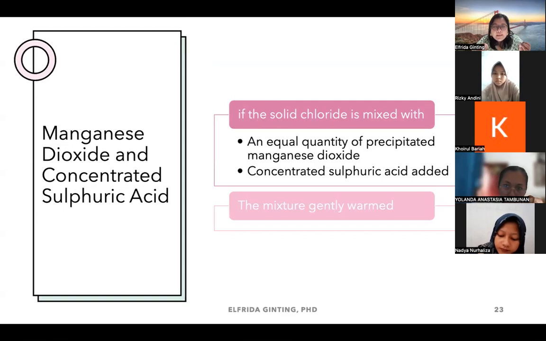So we mix manganese dioxide, sulfuric acid, and then chloride, right?